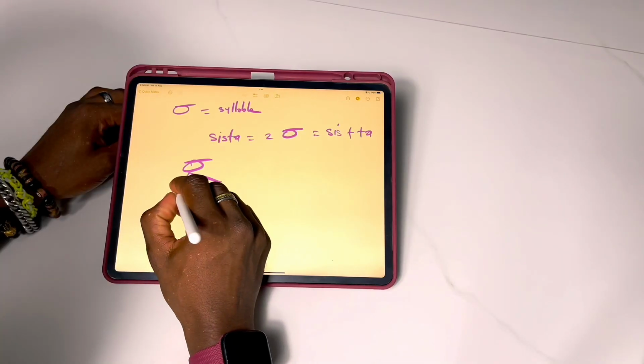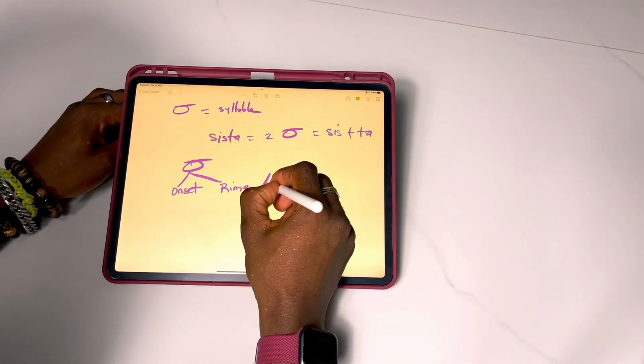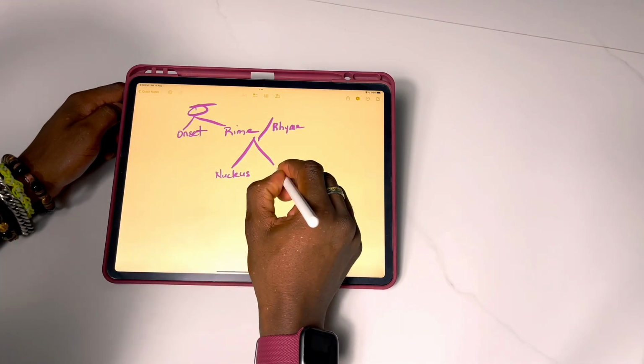So S-T-A-N-D. How many syllables are in stand? Exactly, 1. Stand. So when you break the word stand down into its syllable structure, remember, we said that the syllable comprises the onset and the rhyme.